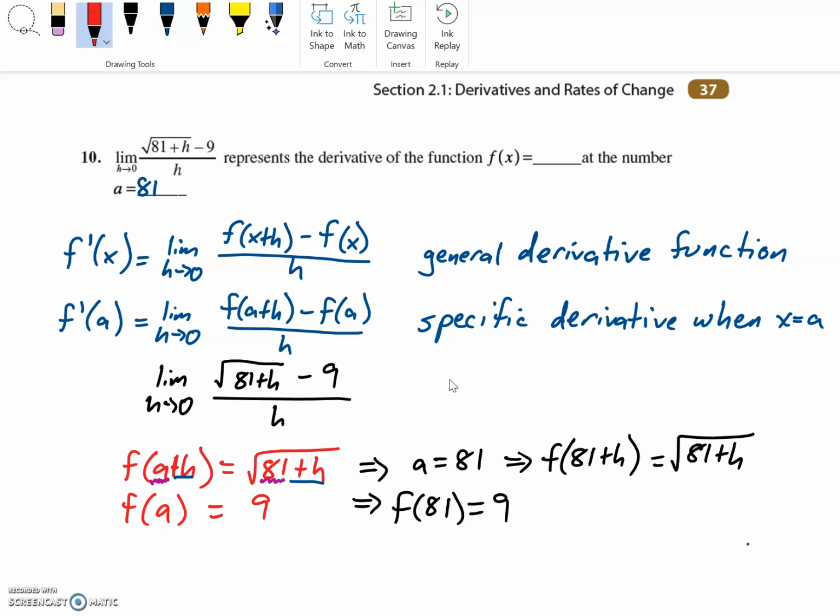Then if I took the stuff inside, the 81 plus h, and replaced that with x instead, then I would get the square root of x. We see the same stuff that's in the parentheses show up under the square root. So if we replace that stuff with x, then we replace the stuff under the square root with x.